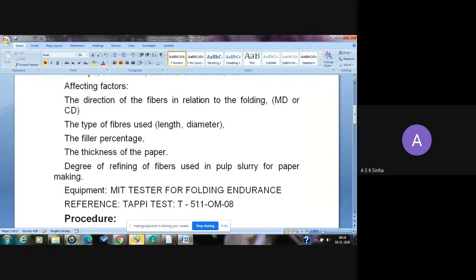That means whether the folding is being done along the machine direction or cross direction. So again, we are measuring the sample in both directions, machine direction and cross direction. If you are taking any paper sample, we will be covering both the MD and CD direction.